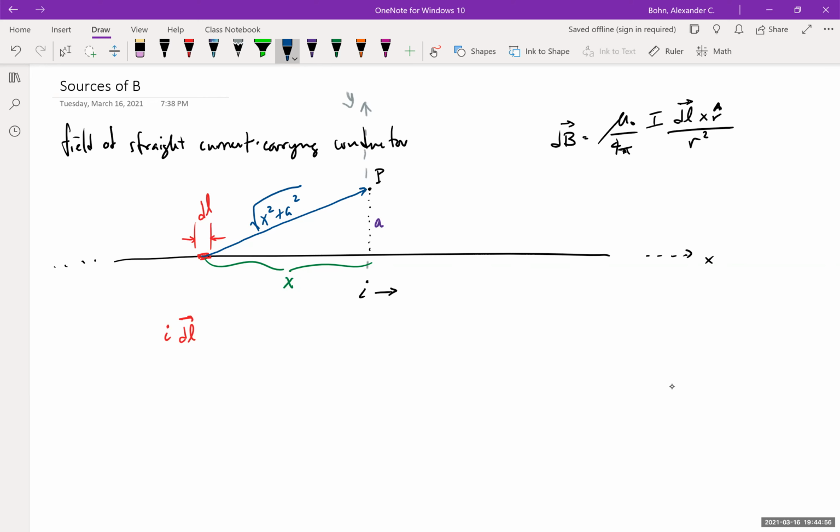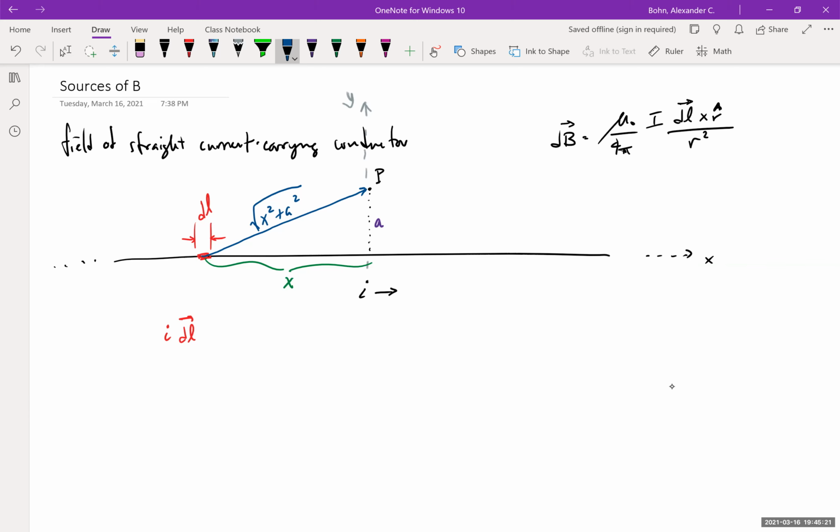When we did this for the electric field, there was a whole thing. We had to convince ourselves that there was some symmetry to the situation and that all the different perpendicular components were going to cancel each other out, and we were just going to have one axial component away from the line of charge.